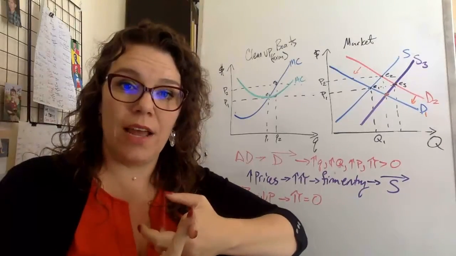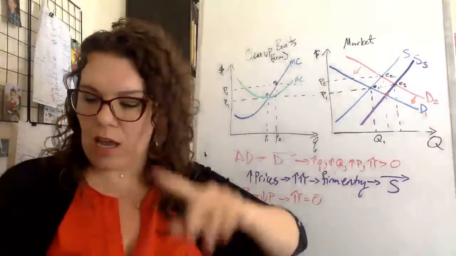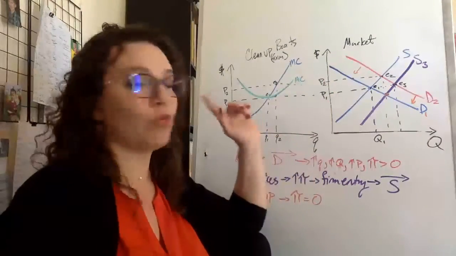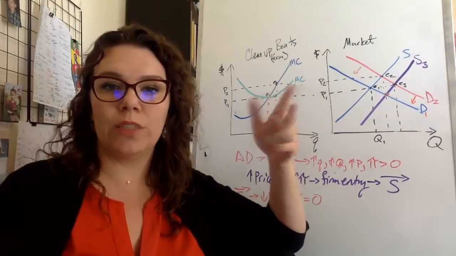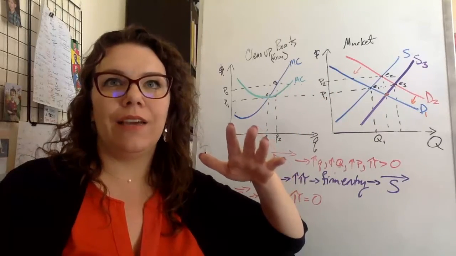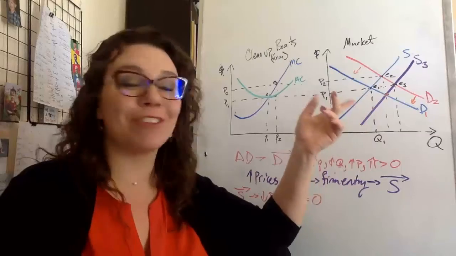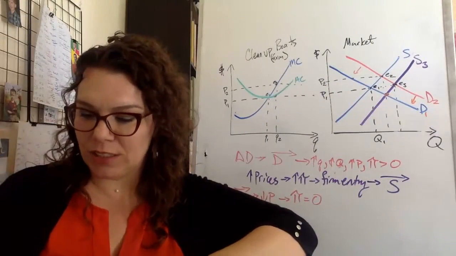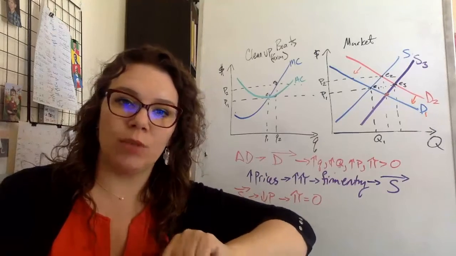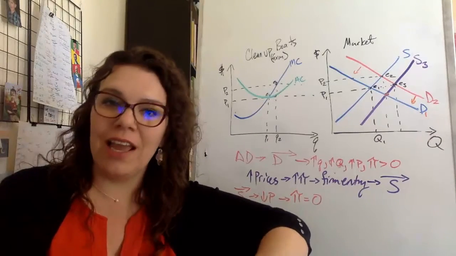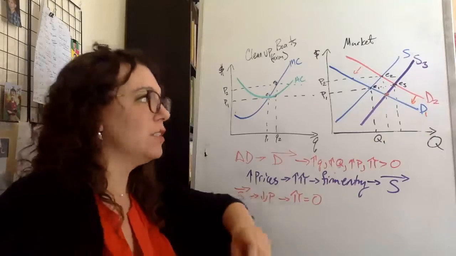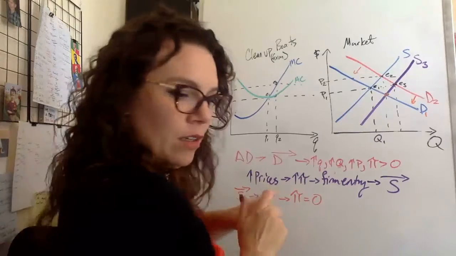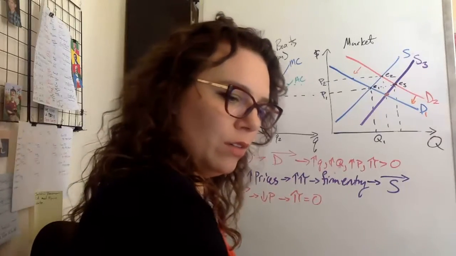Prices are going to go down temporarily, until we see the firms start to exit in response to the lower price. We're going to see the market quantity decrease. We're going to see the individual quantities produced by the firms stay unchanged, and the number of firms decrease. So what happens is we'll move from E3 to E4.